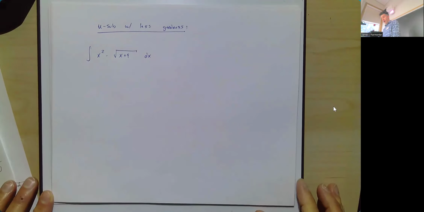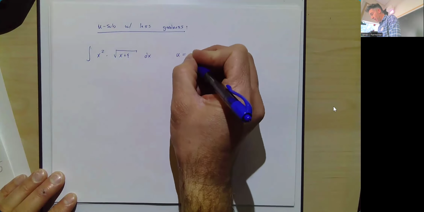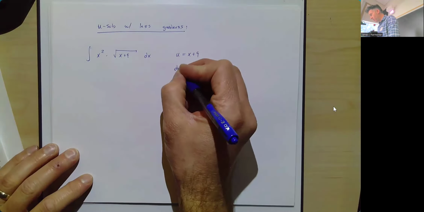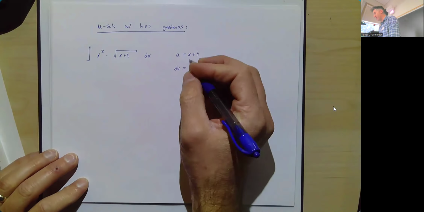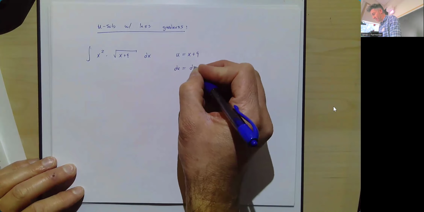In this problem, I would still make the choice of u being x plus 9, because the x plus 9 is stuck inside the square root. And then I'm going to go about my usual way. I'm going to find my du. And here things actually work out okay in that the derivative is just 1. So my du is 1 times dx.